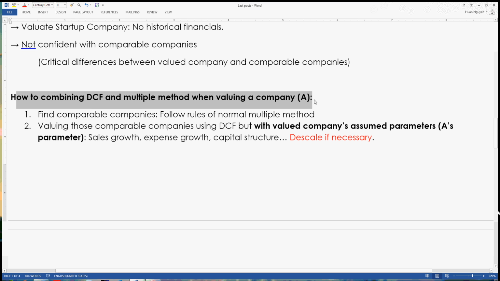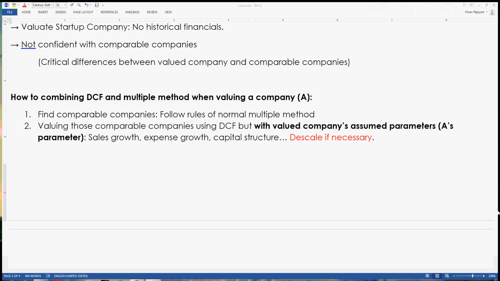both methods is here. So for example, I am evaluating a company called A. My first step is finding comparable companies for company A, following a number of rows of multiple methods.